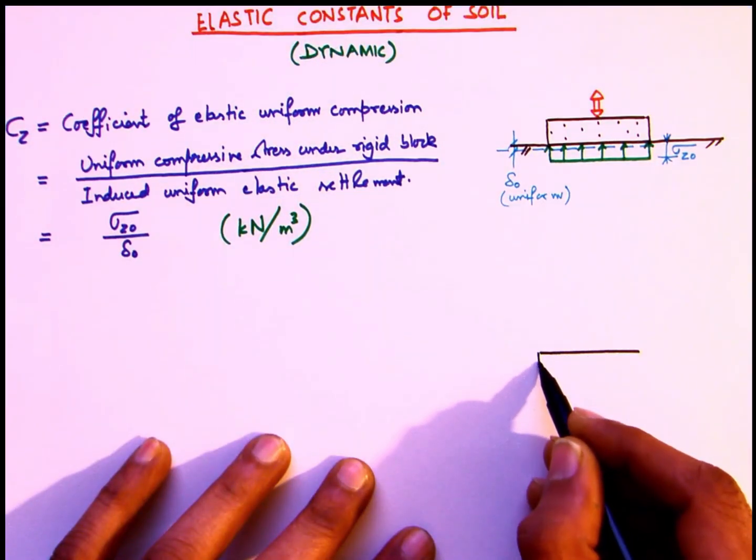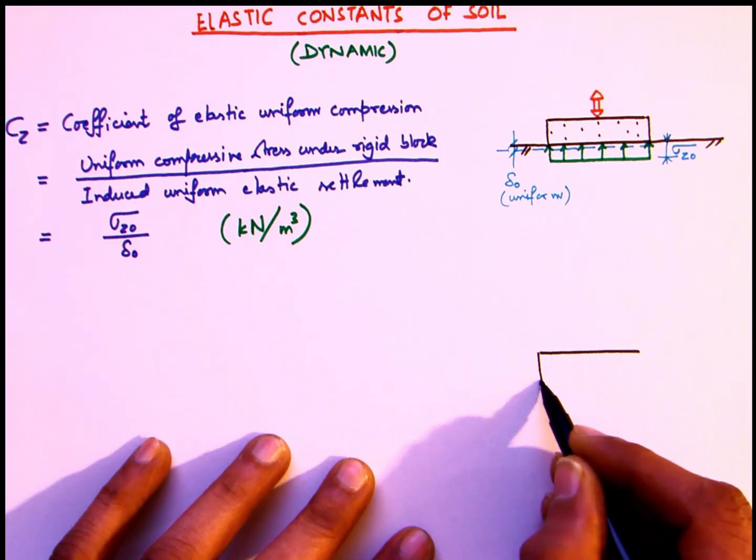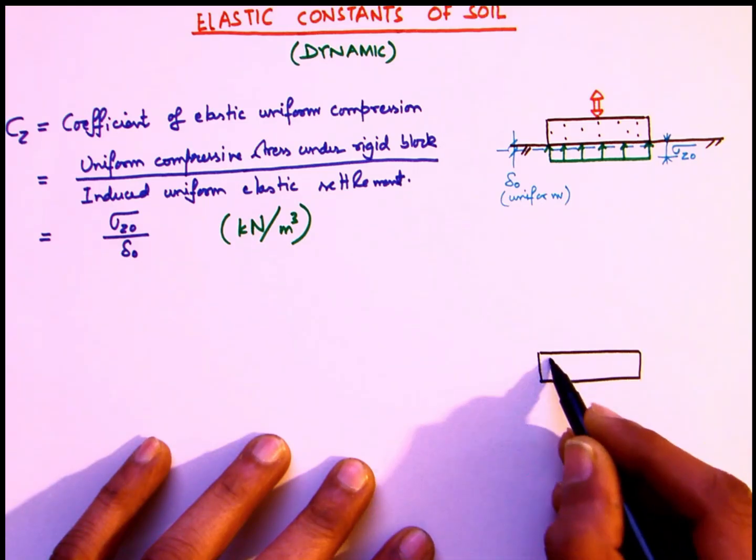The next type of elastic constant is that related to horizontal vibrations of the block.